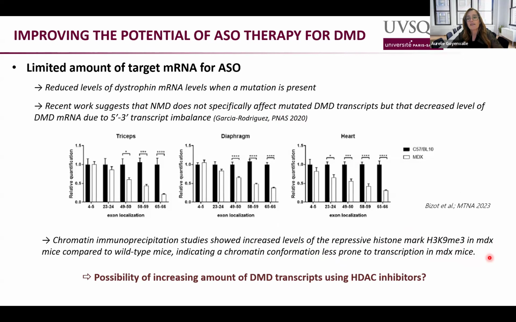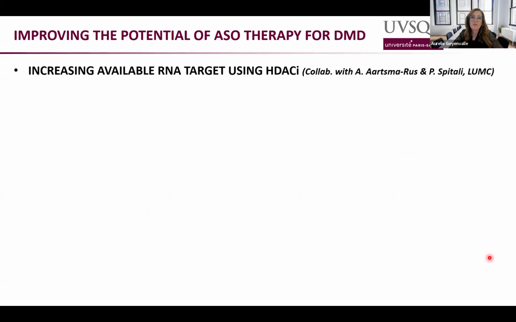So that raised the hypothesis that if we could revert this, there was a possibility of increasing the amount of DMD transcript, and this may be possible using HDAC inhibitors. So we investigated this hypothesis together with the group of Annemieke and Pietro in Leiden, trying to increase histone acetylation using histone deacetylase inhibitors to correct this imbalance and eventually have more pre-mRNA available.